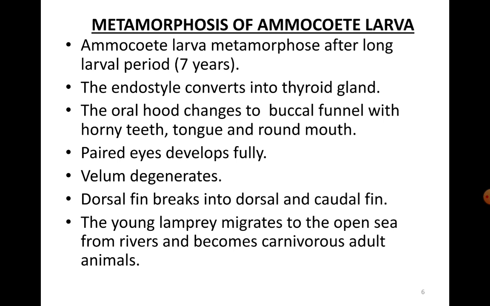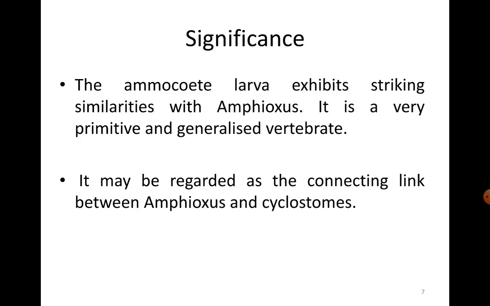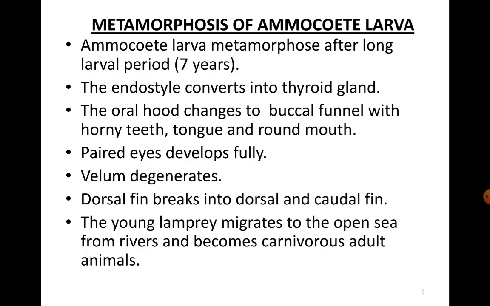The skin color changes from yellow brown to mottled greenish brown. So after all these changes, after metamorphosis, the young lampreys swim down to the sea, where they remain for 3 or 4 years.